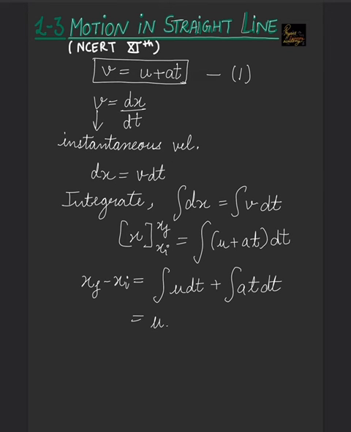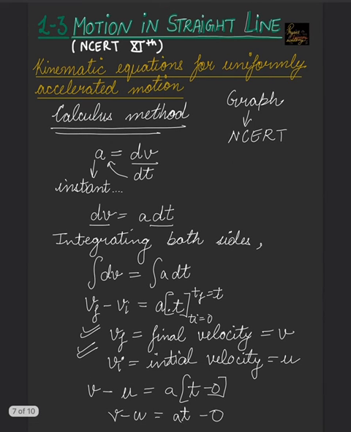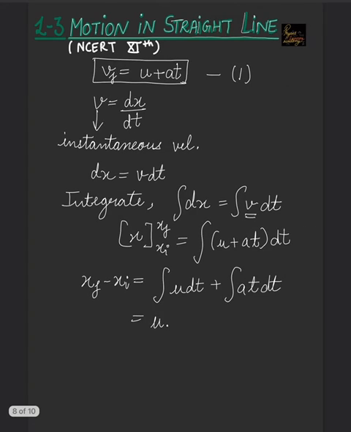u is constant, initial velocity, right? We're not talking about velocity as a whole, that is this velocity. We're talking about initial velocity. Let us just define this as vf only, because this will create confusion otherwise in the end. This is u dt.